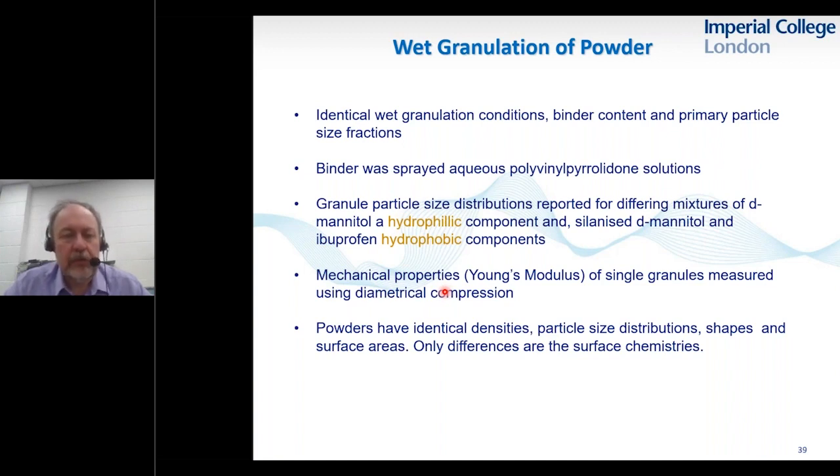We look at the particle size distribution as well as the Young's modulus of the granules we manufacture. We have both a hydrophobic mannitol component as well as a hydrophilic component, at different ratios. The idea is, as the hydrophobicity of the powder mixture changes, how does it affect granule properties? Do the granules get bigger or smaller, or are they unchanged? And does it affect the mechanical strength of the granules we make?